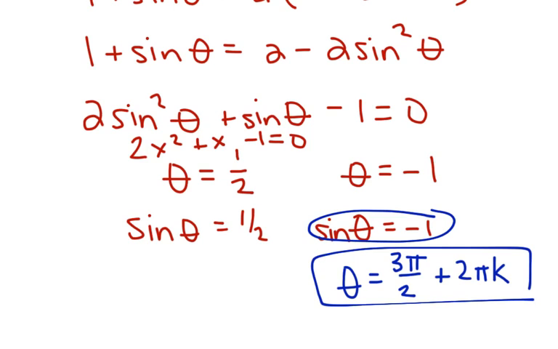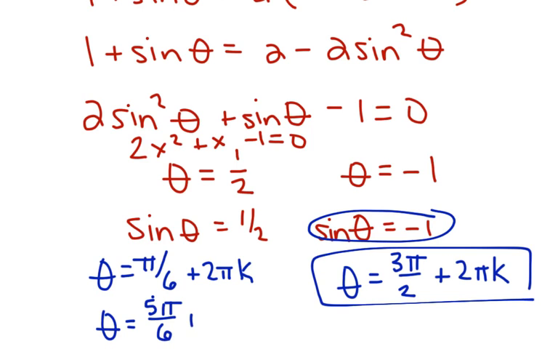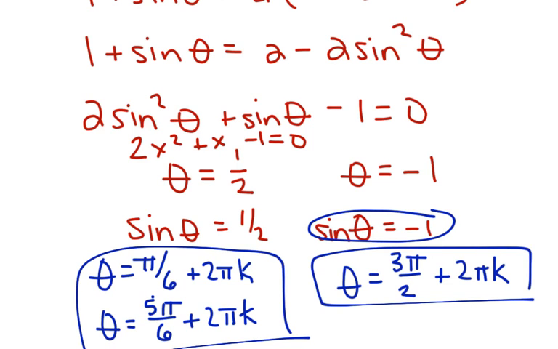The other equation, sine theta equals 1/2, we've run across this several times now. 30 degrees is the one whose sine is 1/2. Well, 30 degrees is pi over 6, and we add the 2 pi k. But there's another location where the sine gives me positive 1/2, and it's in quadrant 2. It's 150 degrees, also known as 5 pi over 6. And those are my solutions.